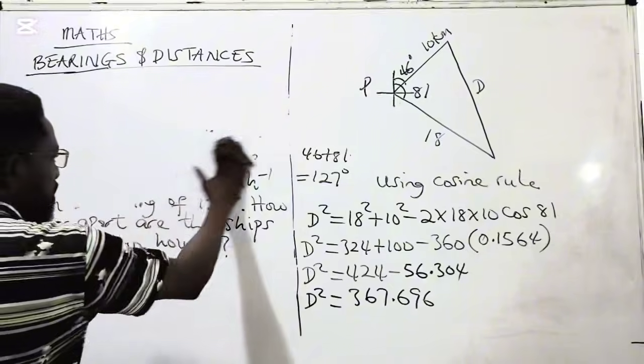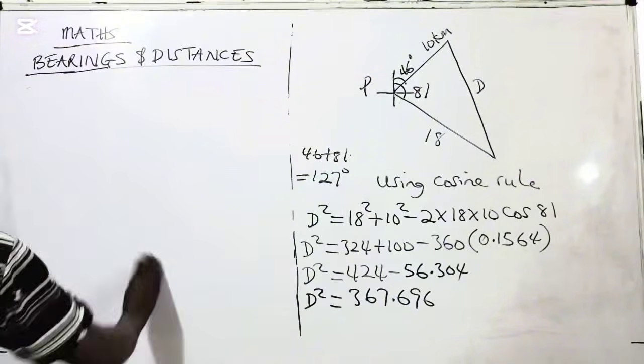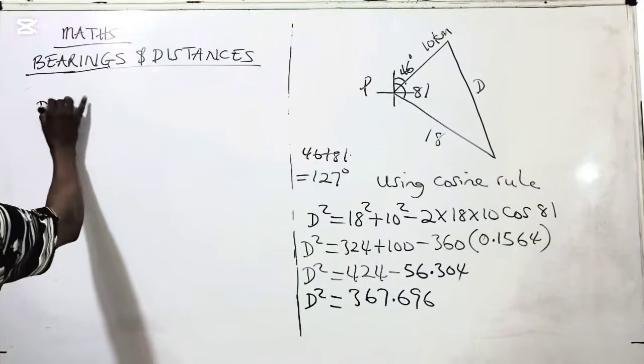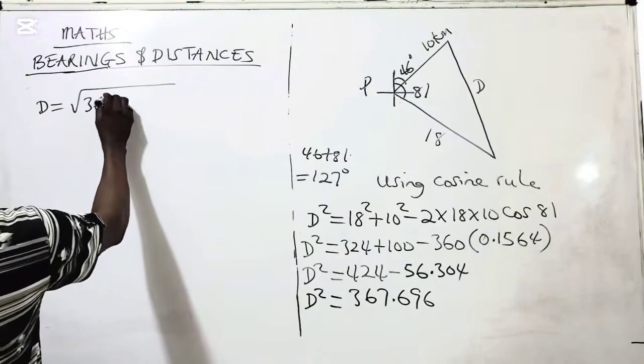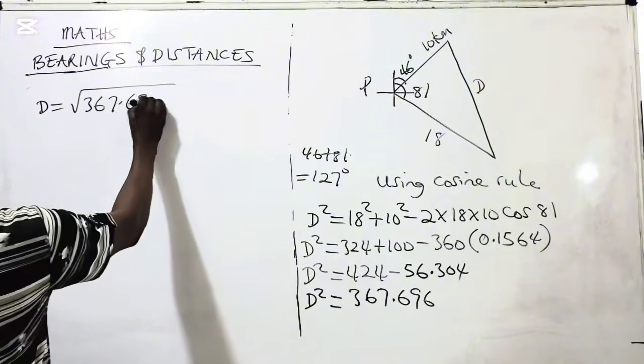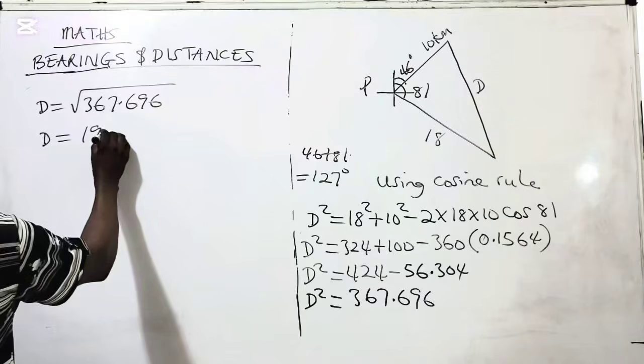So how far apart are the ships after 2 hours? This square root of 367.696 is approximately 19.2.